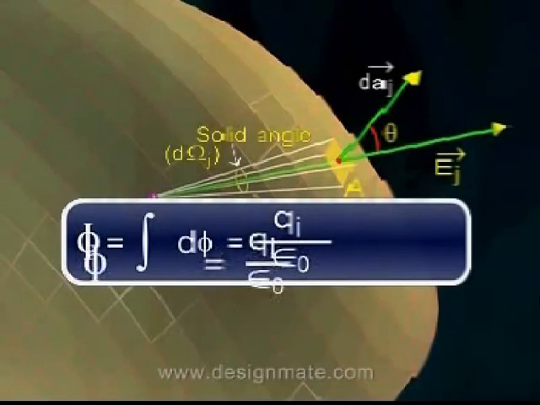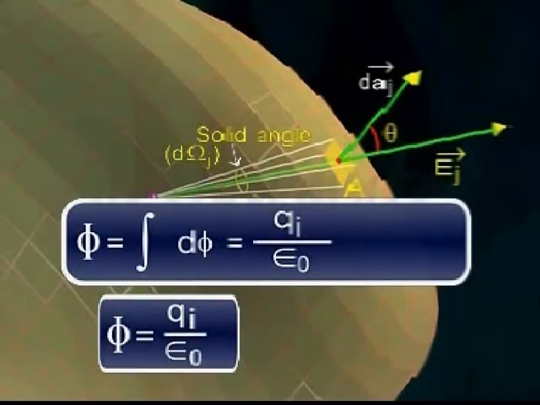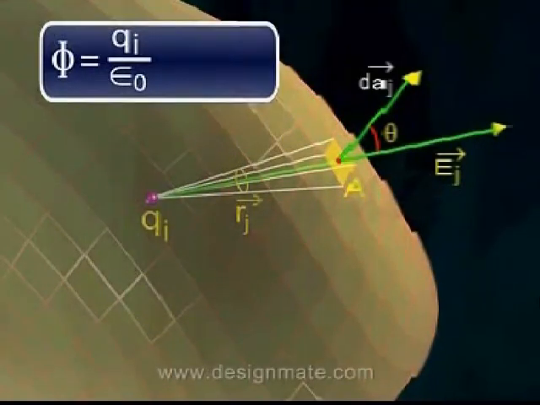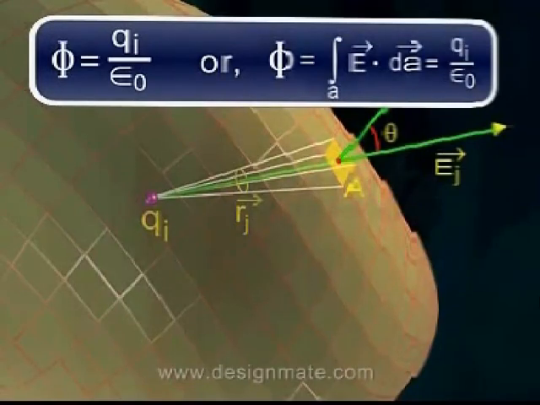Therefore, phi is equal to Qi upon epsilon 0, or phi is equal to integral vector E dot vector dA, that is equal to Qi upon epsilon 0.